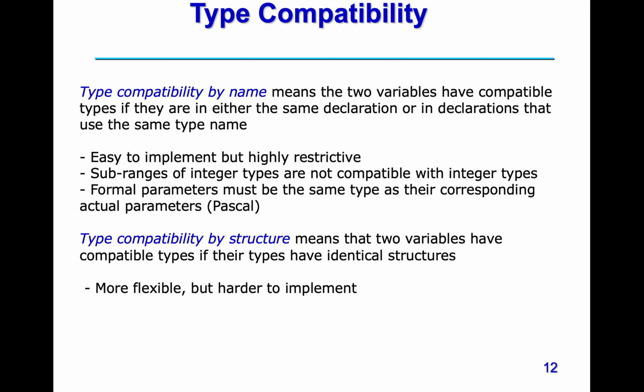So that compatibility by name is highly restrictive. Subranges of integer types are not even compatible with each other. So, for example, on the ints, we have shorts and longs, signed and unsigned data. None of it's compatible with each other. So even though we have a long and a short, and they're both in the int category, they're all subtypes of ints, we have to cast them to the same if we want to use them the same.